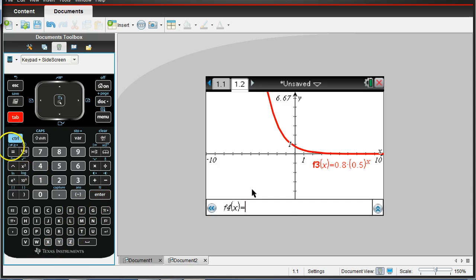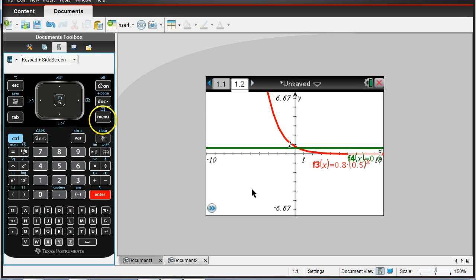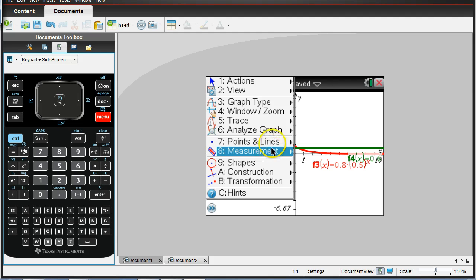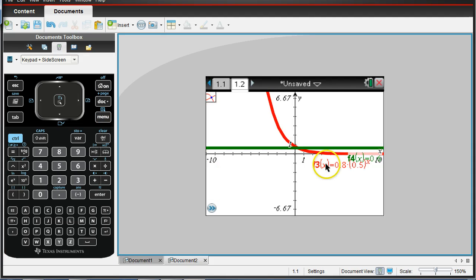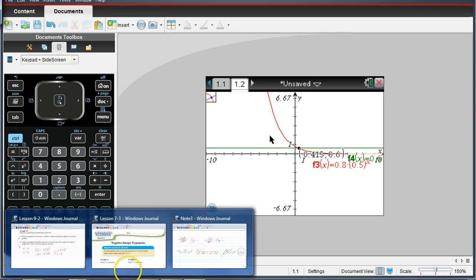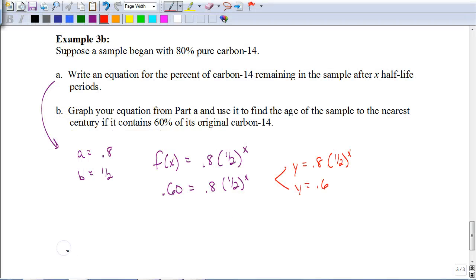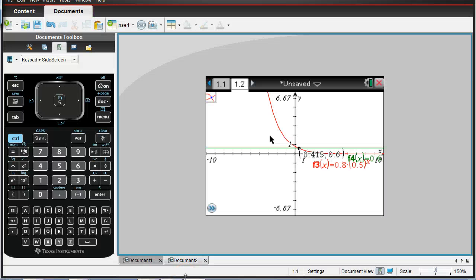And for the other one, hit the tab button, it's going to be 0.6. Hit enter to figure out where they intersect. Look for intersection points. Select the first one, select the second one, you get 0.415, but remember that's not your answer. That just tells you how many half-life periods. So it's 0.415 for x.